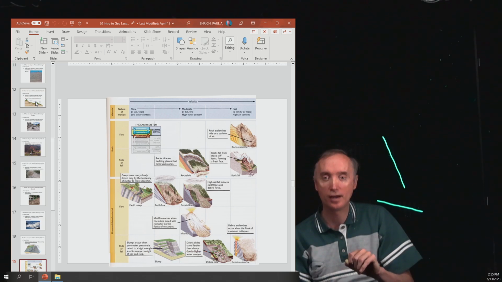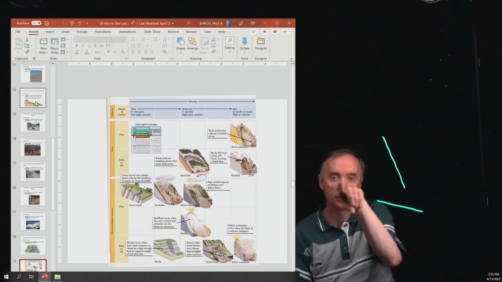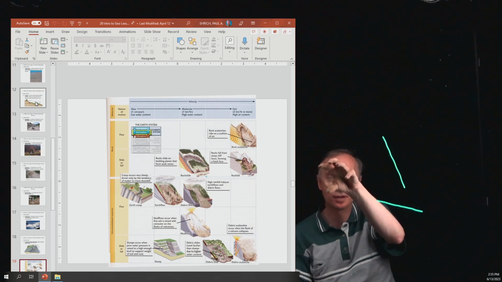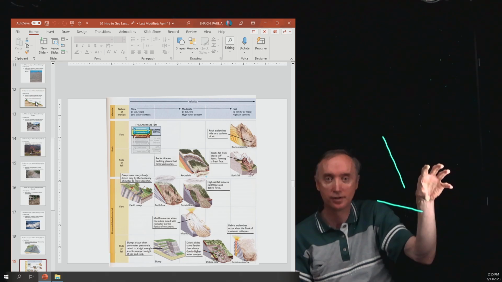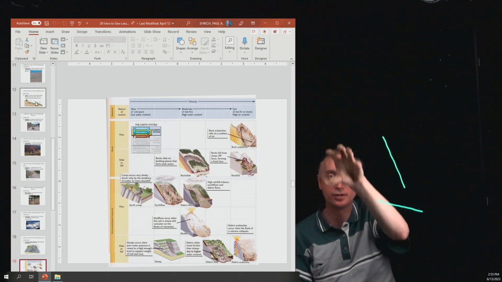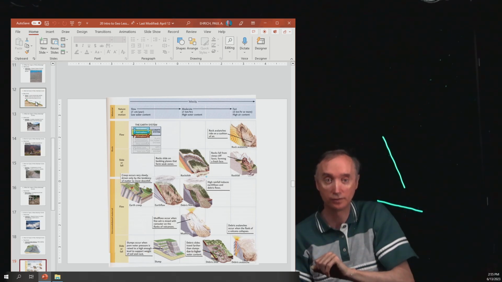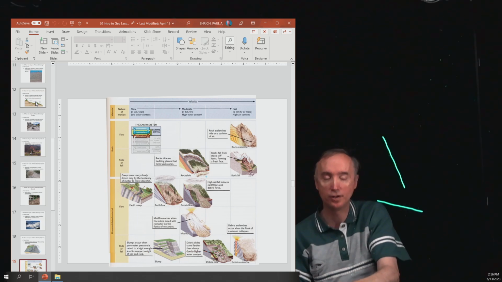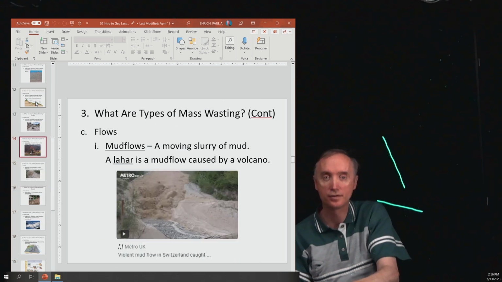We have time going across the top. We have slow events, and then we have fast events. And then going up and down is what is moving. So what's the material that is moving? You might want to look at that chart as we review this material here.